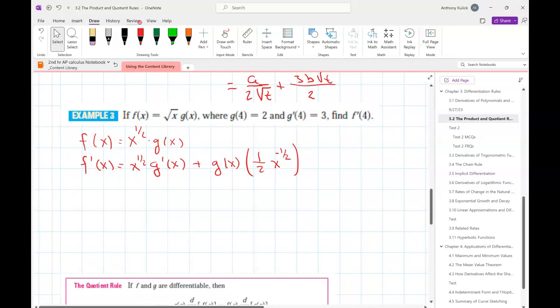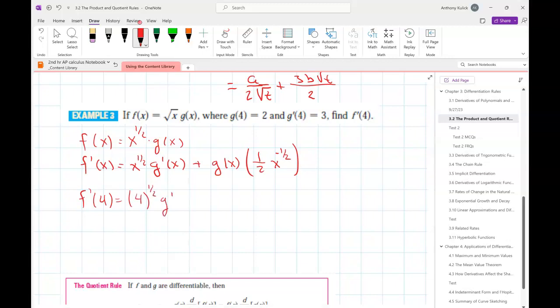And now if I want f prime of 4, I'm just going to go ahead and plug 4 in for my x's. So 4 to the 1/2 is 2. G prime of 4 is 3.